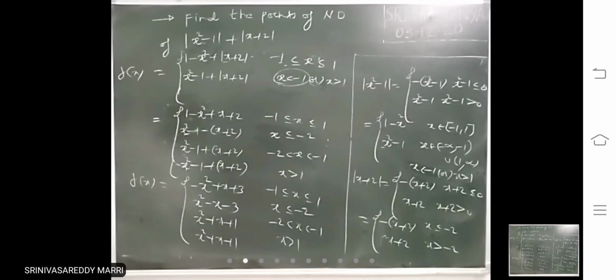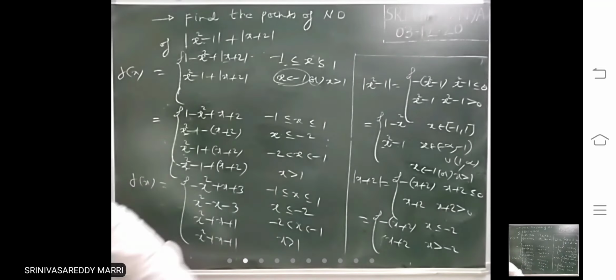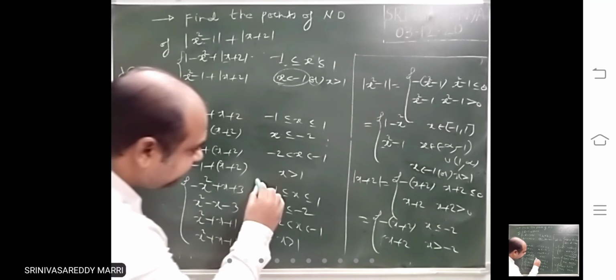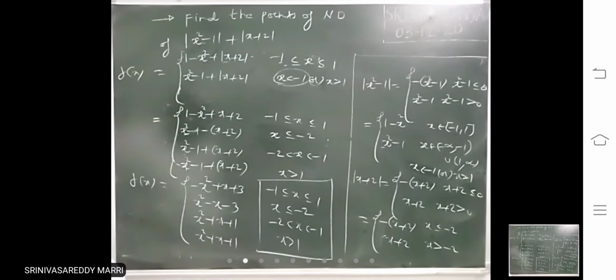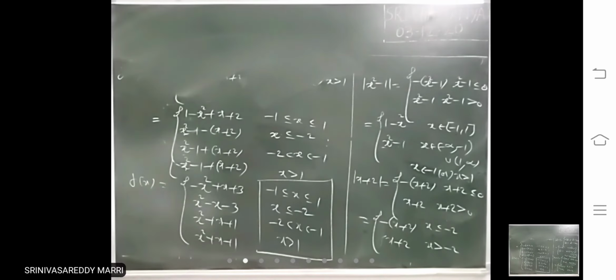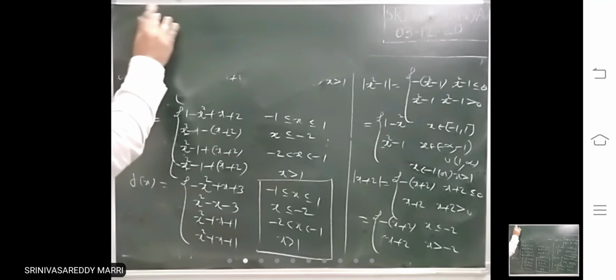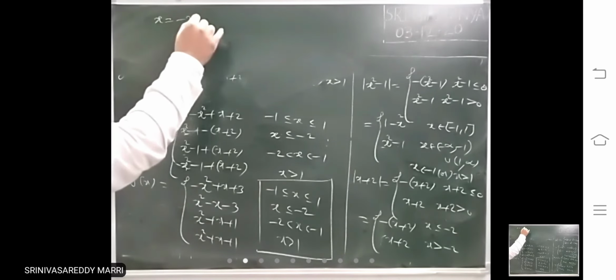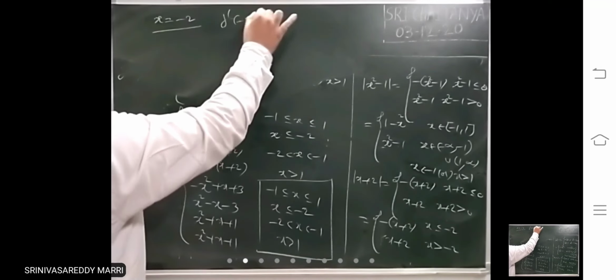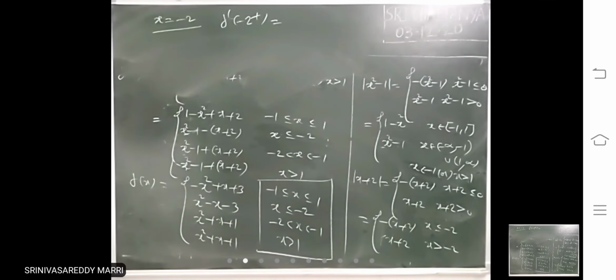Now you have to check continuity and differentiability at the points where f of x changes its rule. What are the points visible? x equal to minus 2, minus 1 and 1. There I will check. At x equal to minus 2, checking the derivative, it will be continuous obviously.